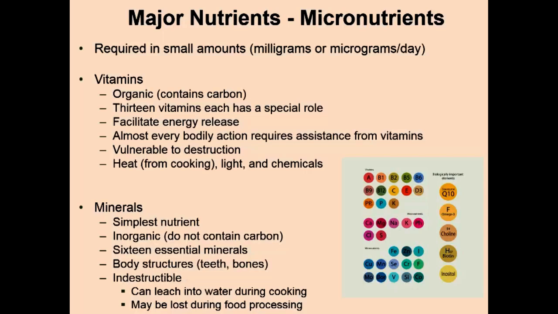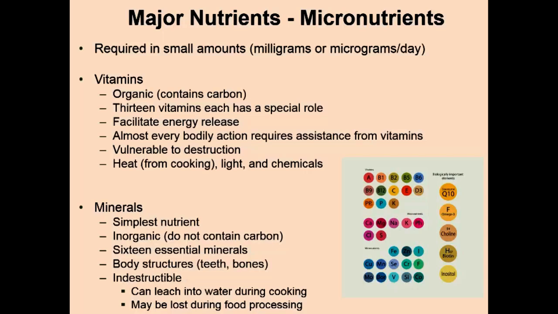Vitamins are organic compounds. Again, they contain carbon. There are 13 different vitamins, and each has a specific and unique role in the body. Now, they themselves do not provide energy, but they facilitate energy release.